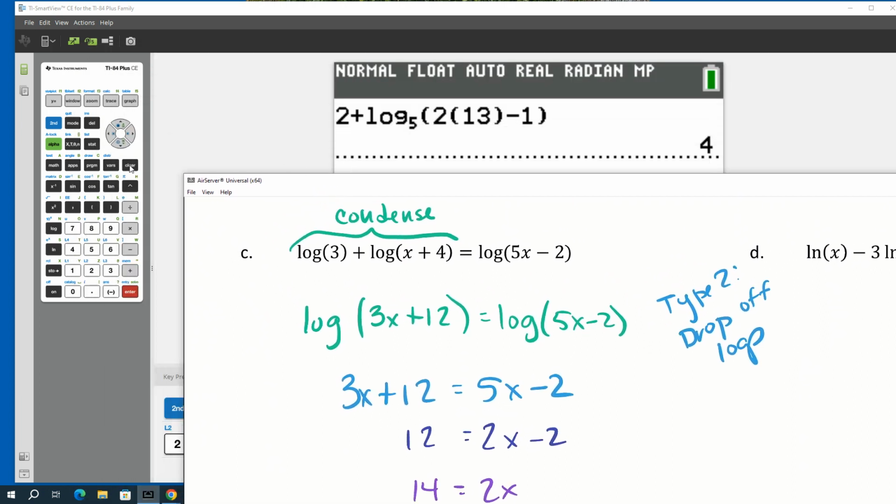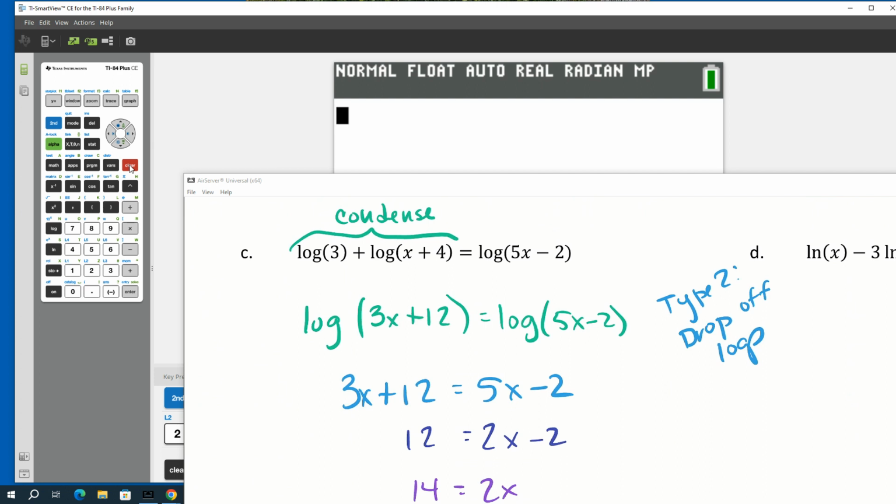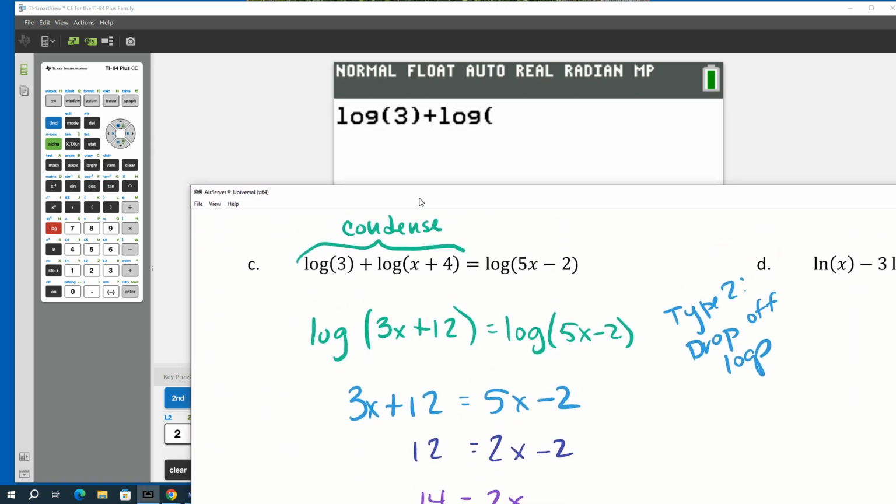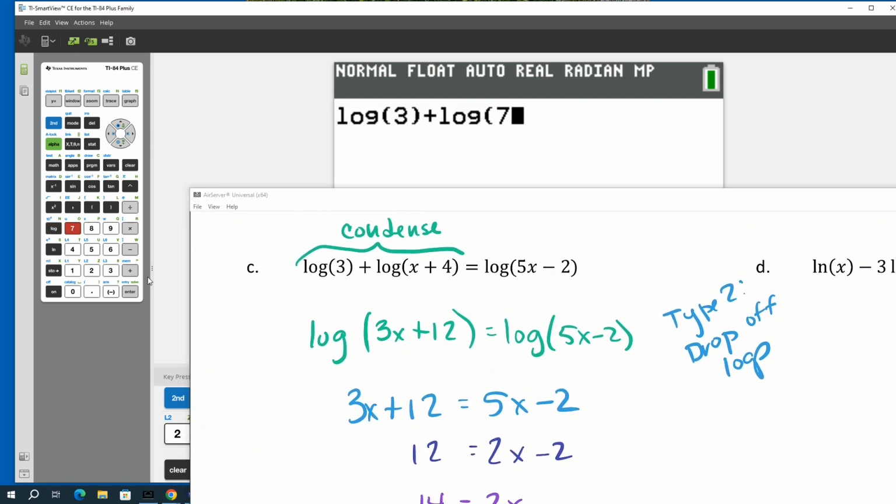Now when it's logged with no base, what is the base? 10. 10, good. And we can just use that log button that's beside 7. We plug in all that, like the original form? Yes, 7 in for x.